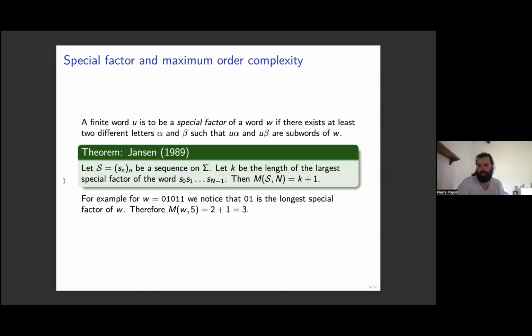If we take the same example as before, 0, 1, 0, 1, 1, you can immediately see that 0, 1 is the largest special factor of W because you have 0, 1, 0 and 0, 1, 1 in my word. Therefore, the maximum order complexity at rank 5 is 2 plus 1, which is 3. And we have the same thing as before. In fact, we use this theorem to make some estimates on the maximum order complexity for some sequences that we will see at the end of the talk.